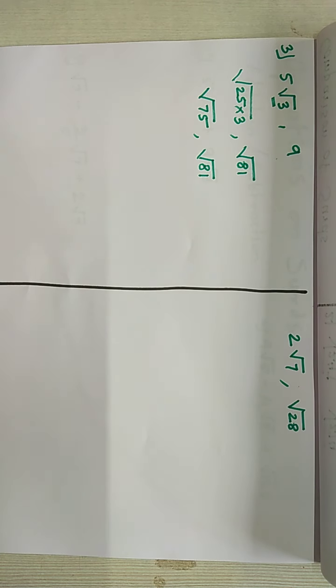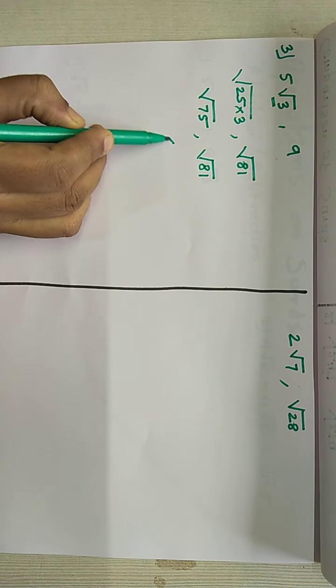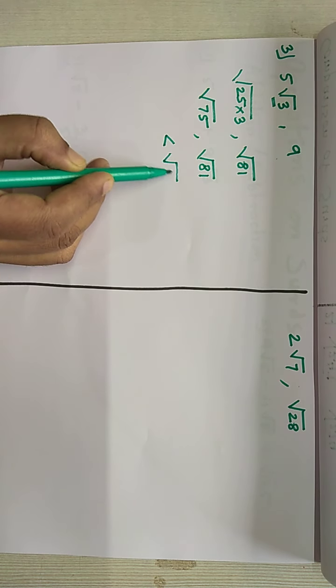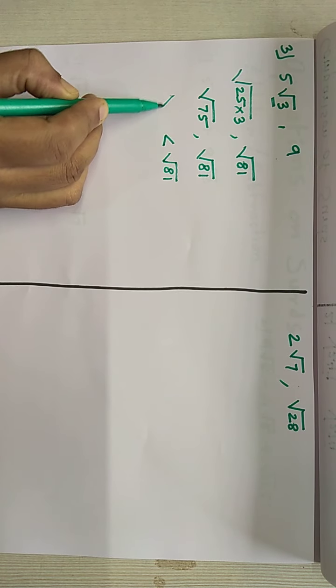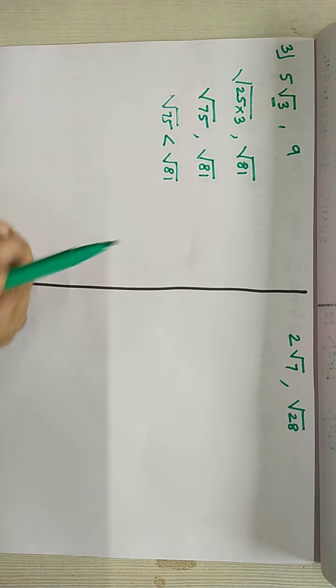And now you can compare very well and see which one is greater. 81 is greater than 75. So you have root of 81 greater than root of 75. Now root 75 we got from 5 root 3. So 5 root 3 is less than root 81, which we got from 9. So this is the answer.